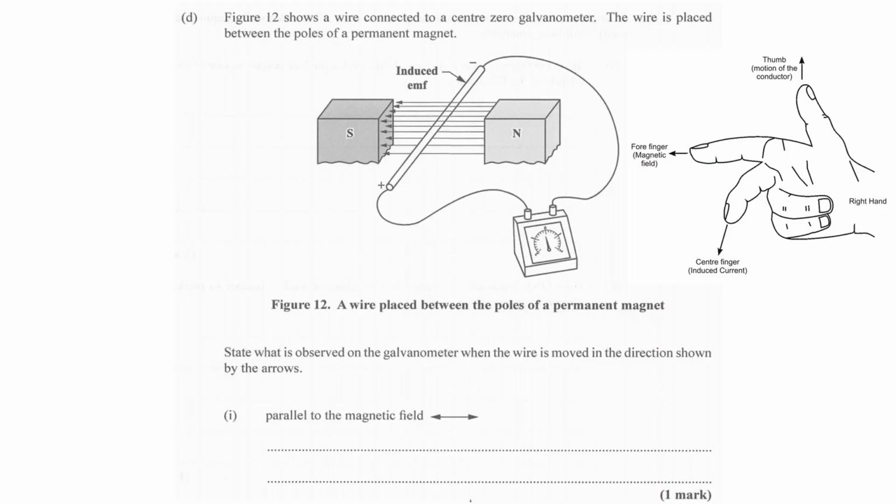Then the thumb goes in the direction of motion of the conductor, and then your middle finger or center finger is the direction of the induced current. Now, if the motion is parallel to the magnetic field, then there will be no current that is induced. The motion has to be perpendicular to the magnetic field.